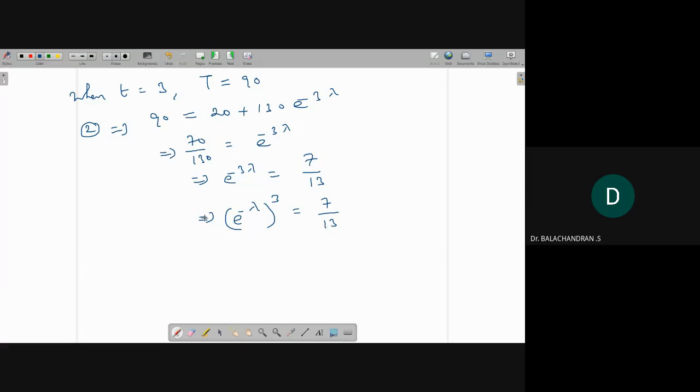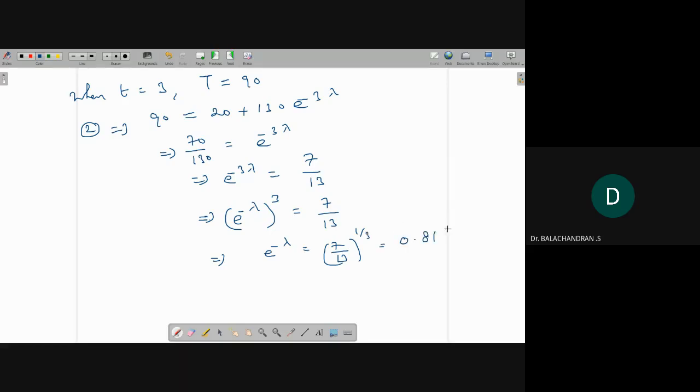So that's why I'm writing. Usually if I proceed like this, what you get is e power minus lambda equal to 7 by 13 whole power 1 by 3. So this is equal to 0.8136, please check it.